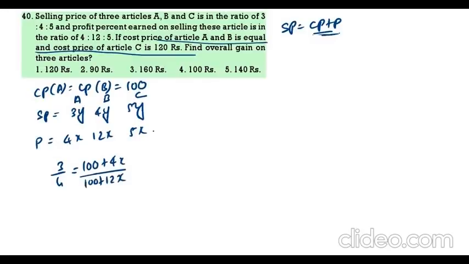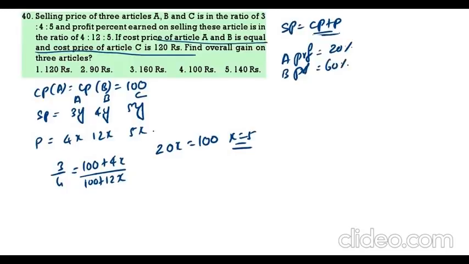Now if you do the simplification, this is 36, this is 16. 36 minus 16, 20x. 400 minus 300, 100. So x value is 5. What is x value? 5. So what is A's profit? 20%. What is B's profit? 60%. What is C's profit? It is 25%.